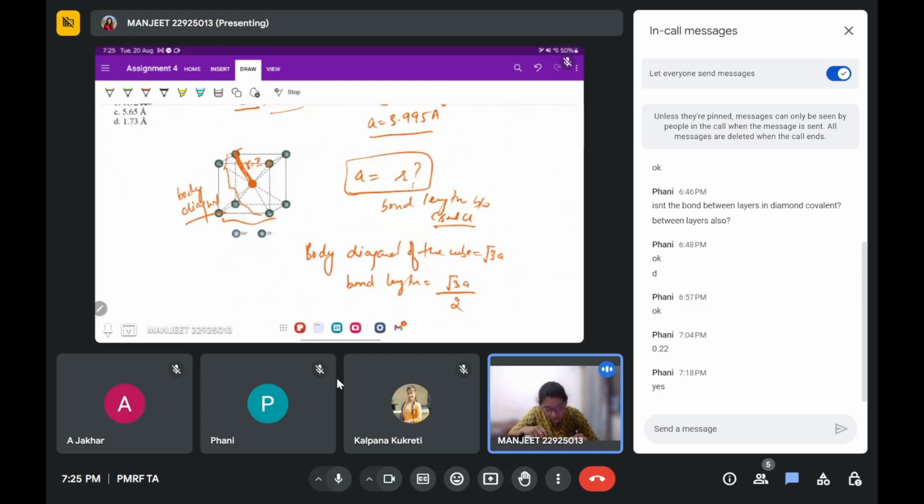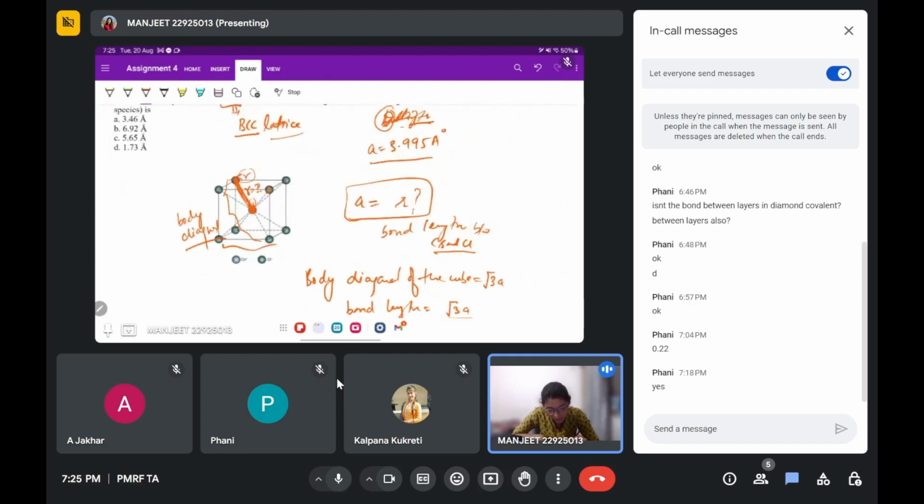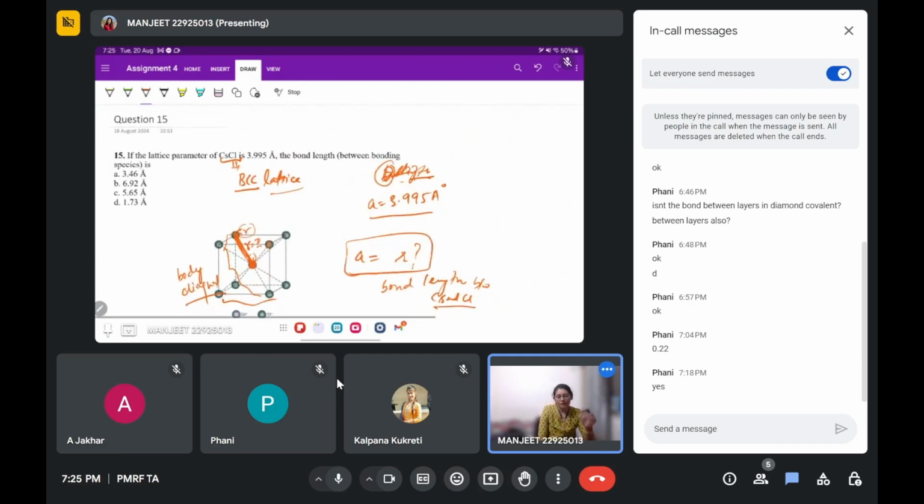This atom has radius r, and this one also has radius r, so I'm considering the same size. So what will be the bond length if CsCl has a lattice parameter of 3.995?